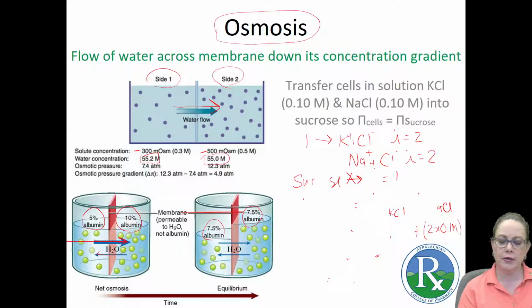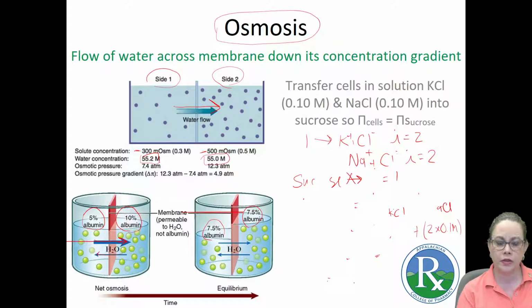You notice now both sides are in equal concentration of albumin, 7.5%. Our water's equal. You notice the arrows in both directions. Arrows have the same thickness moving in both directions, indicating equilibrium.